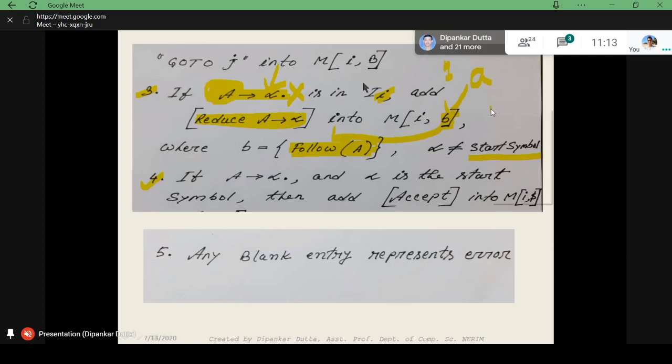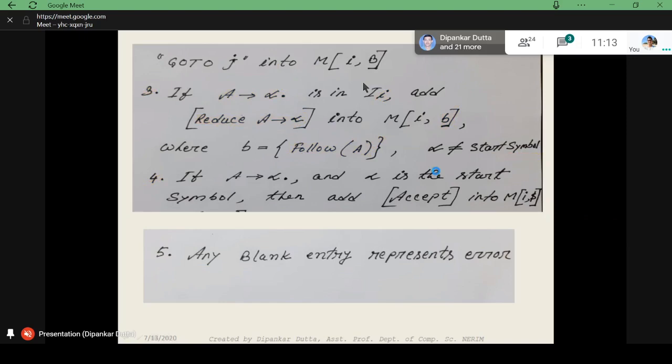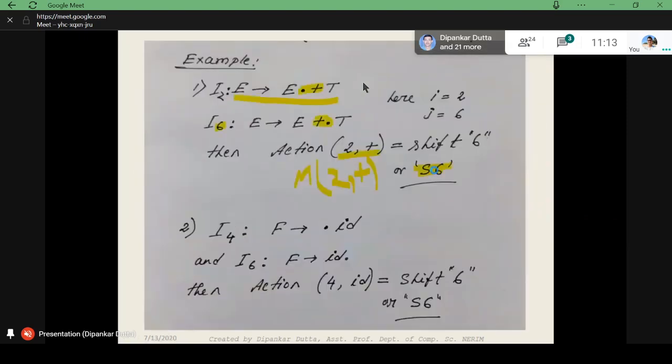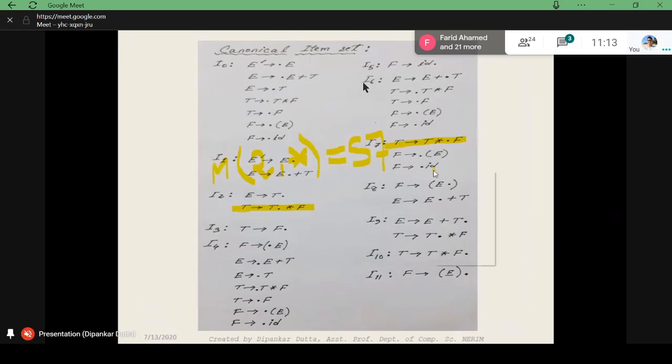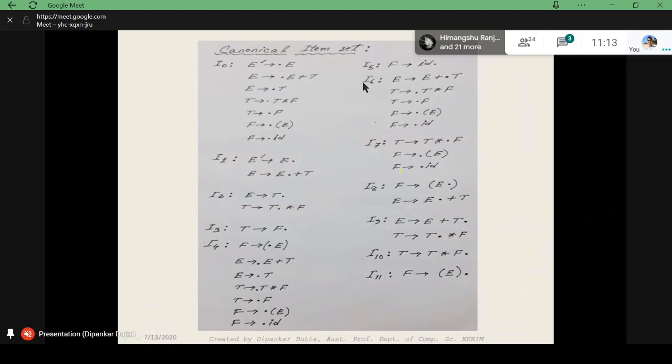Let's go for one example here. Suppose capital T implies F dot.